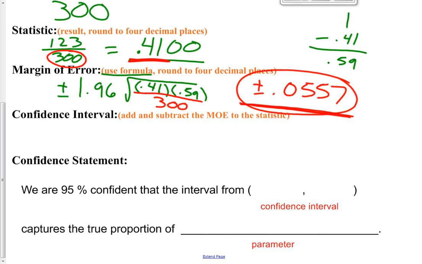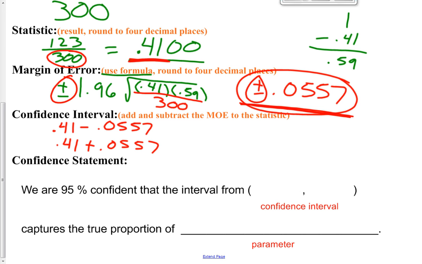So for your confidence interval, we're going to add and subtract the margin of error to the statistic. So it's 41%, or 0.41 minus 0.0557, and 0.41 plus 0.0557. That's why you have this plus and minus there.